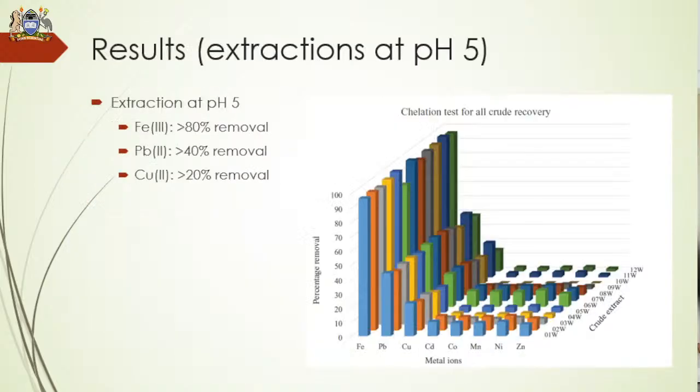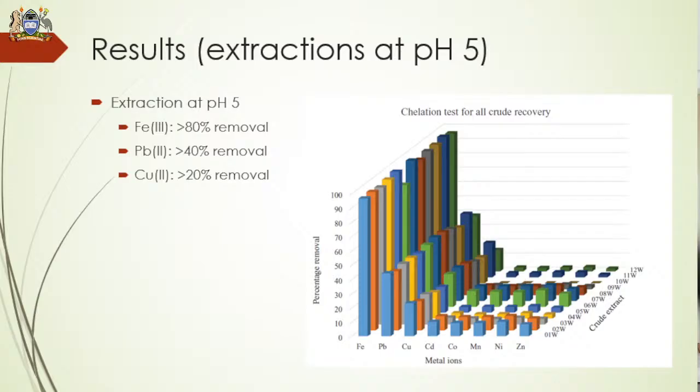After the extraction, we do ICP-OES to determine the amount of metal ions extracted. We did this experiment at pH 5, with about 7 different metal ions in the mixture.